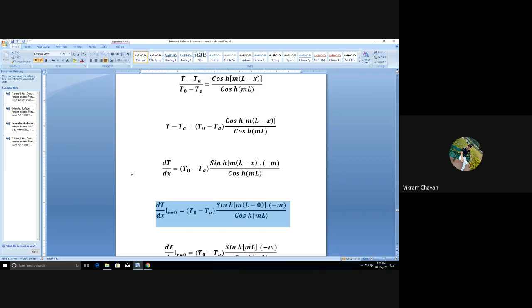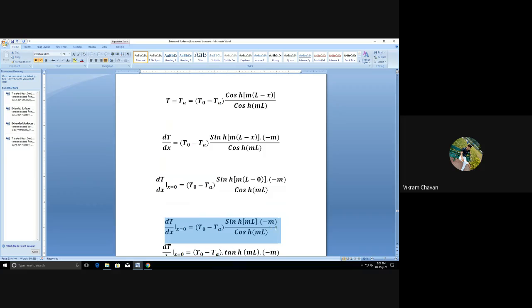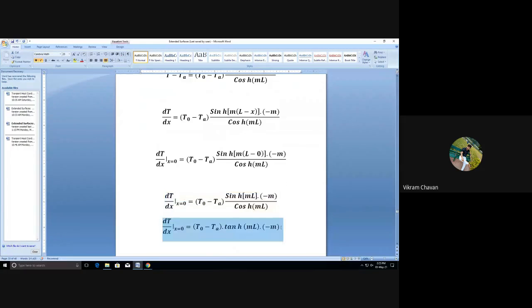Okay, so we'll get the equation for dT divided by dx at x equal to 0, which is equal to (T naught minus T_a) multiply by sinh of mL multiply by minus m, whole divided by cosh of mL. Okay, and then convert sinh divided by cosh as tanh.